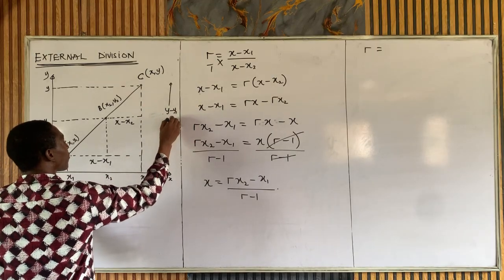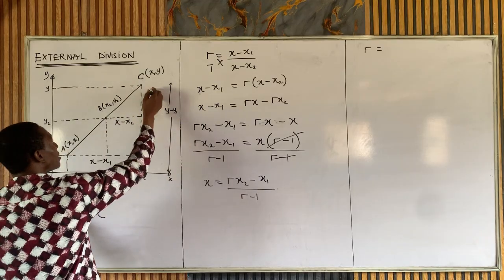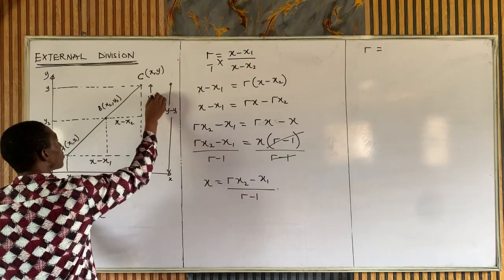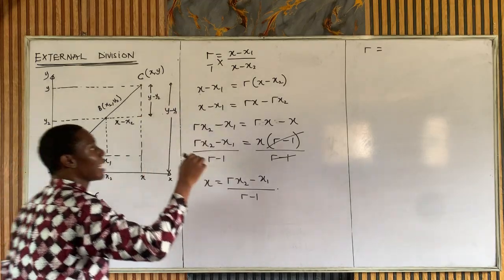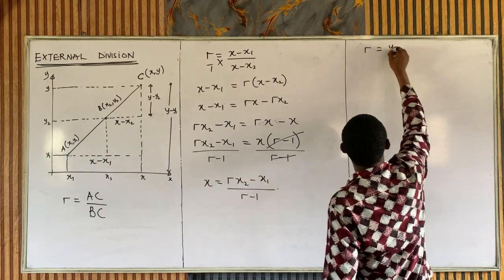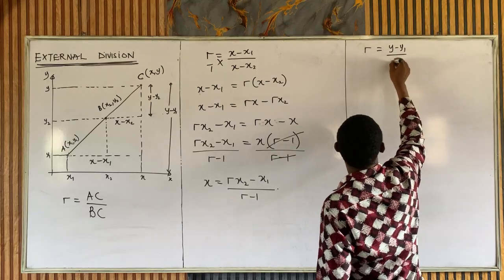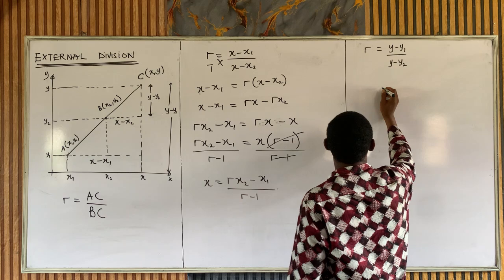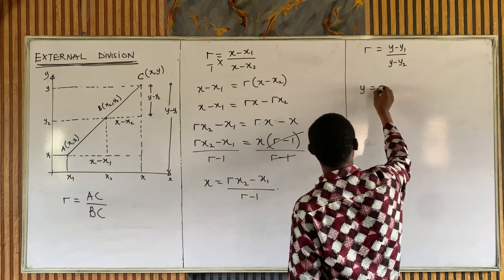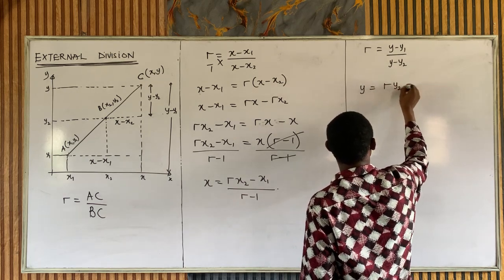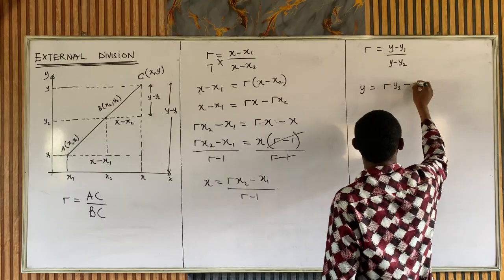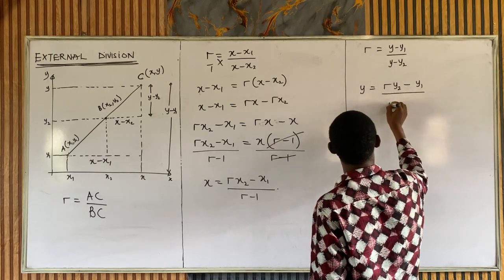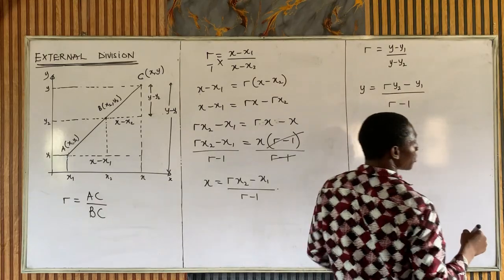And y from B to C is just y minus y2, where the point here is y2. If you do that as y minus y1 over y minus y2, we also get that y is equal to Ry2 minus y1 over R minus 1. So this is the formula.